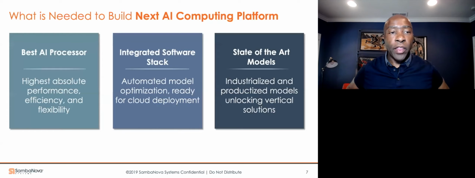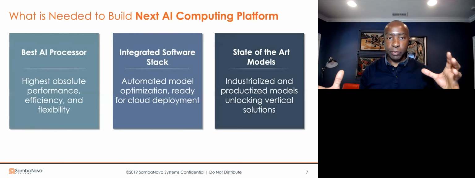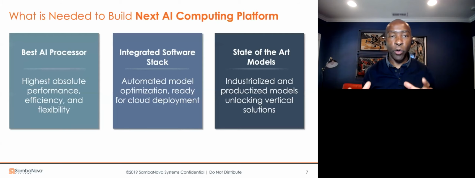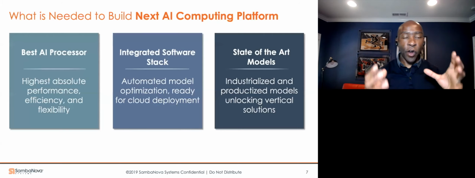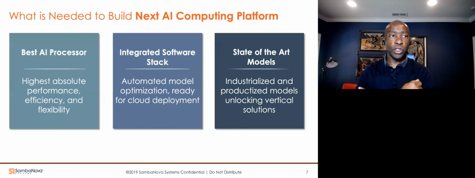And so the way that we are approaching this problem of developing these three core components of what we're doing at Sambanova is a vertically integrated approach that crosses the boundaries of the stack, right?